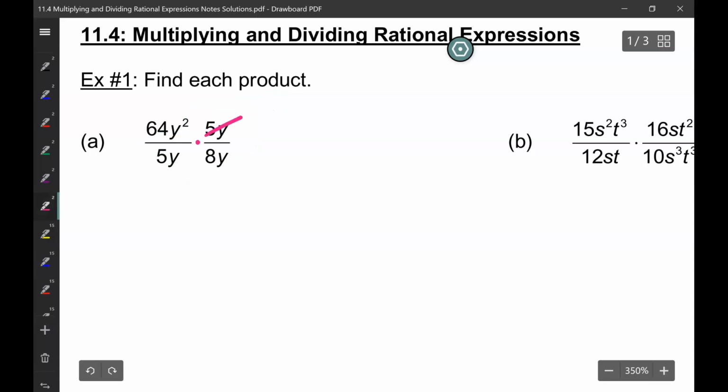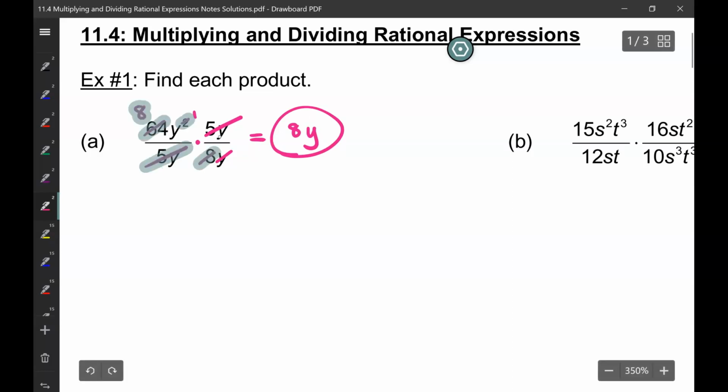And then what else can we cancel? Well, 8 goes into 64 8 times, and then y squared over y would just be y to the first. So notice everything in the denominator canceled, so that's going to just leave us with 8y to the first, or just 8y.